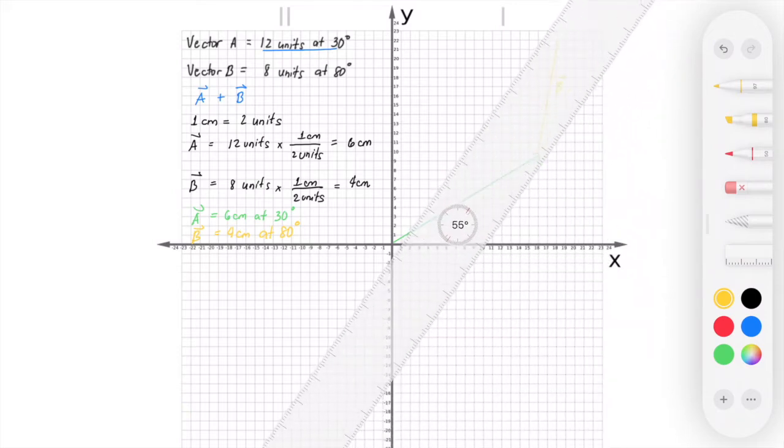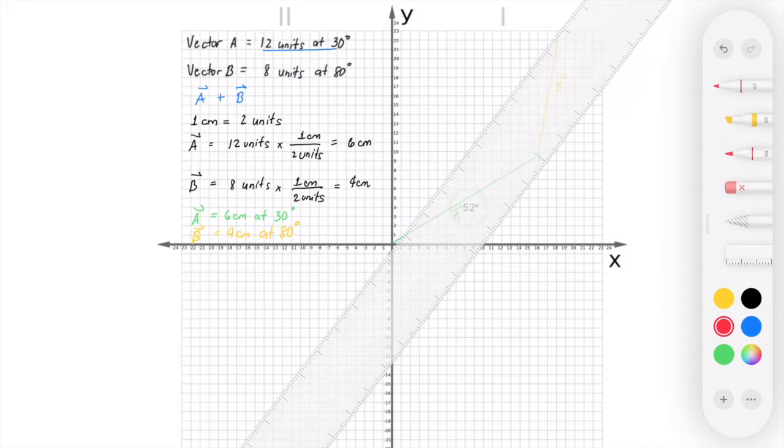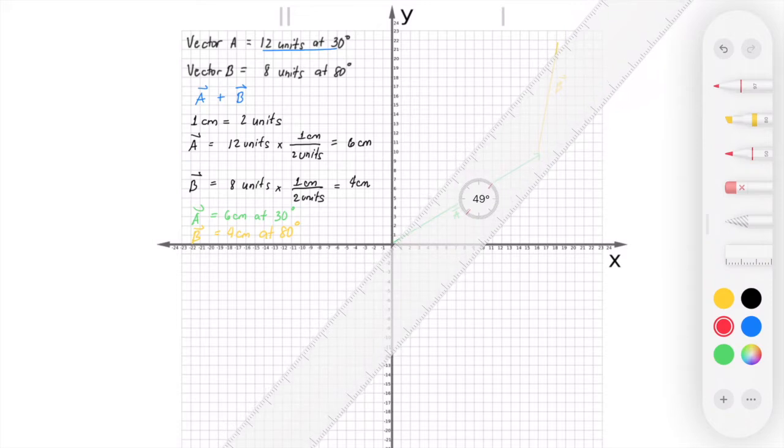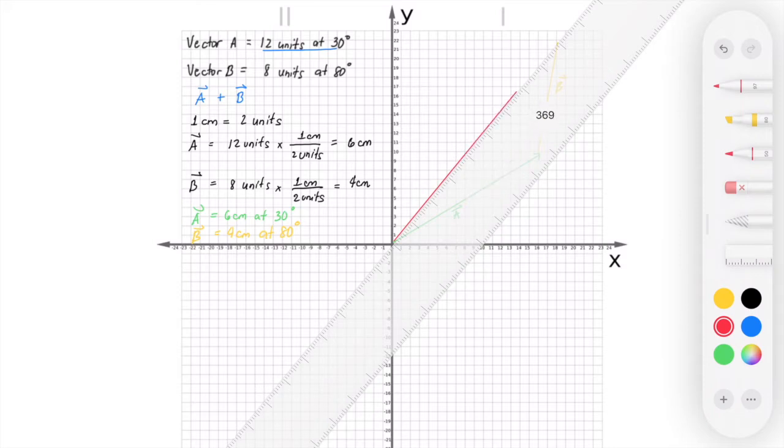And so let me now get my resultant vector. So the resultant vector now is somehow like this. Okay. So let me count it first. So that is 1, 2, 3, 4, 5, 6, 7, 8, and 9.